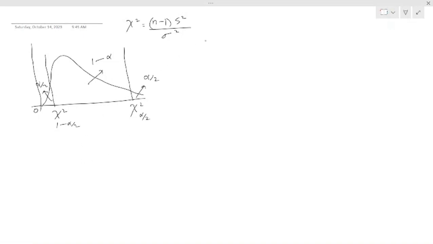Now we can state this as an application of probability. We are interested in determining the chi-square value under the curve that has a lower bound 1 minus alpha by 2 and an upper bound alpha by 2, and the total coverage within these two borderlines is 1 minus alpha.